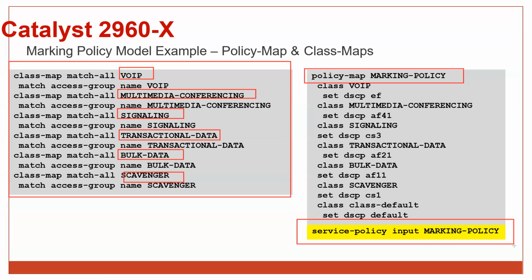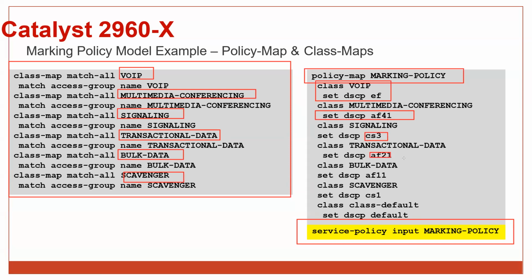Now you can see this policy map. We are calling the class and we are setting the DSCP. So VoIP, we are setting EF, expedited forwarding. Then multimedia, we are setting assured forwarding 41, signaling CS3, class selector 3.